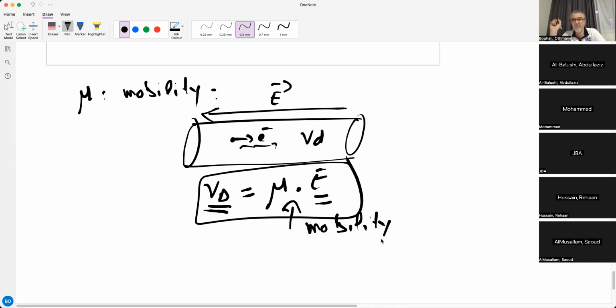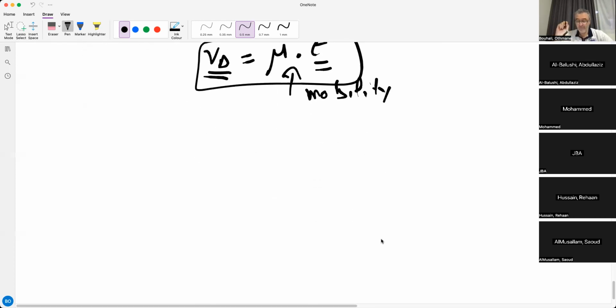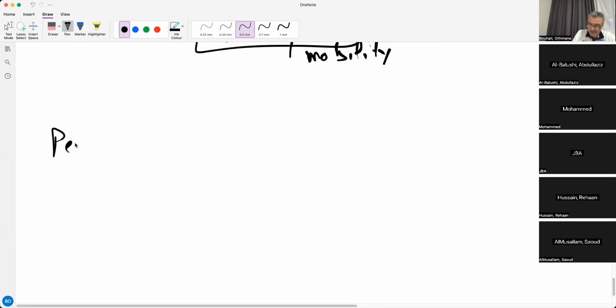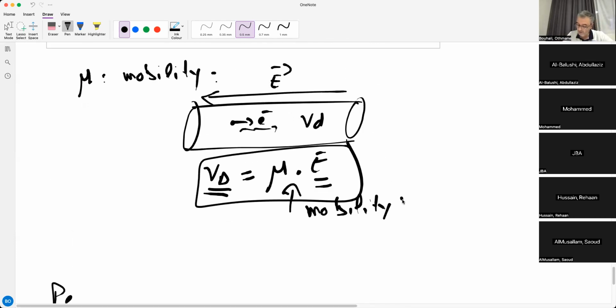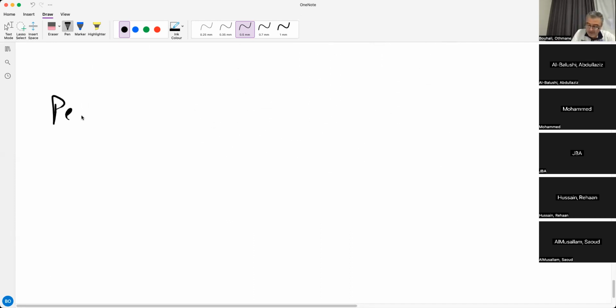Okay. By the way, the unit of the mobility is meters squared per volt second. The permeability is an intrinsic characteristic or parameter of the material that has to do with the magnetic field.